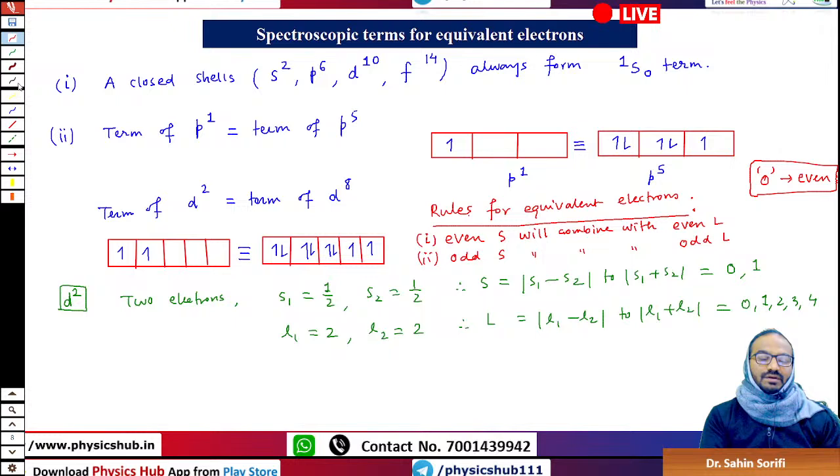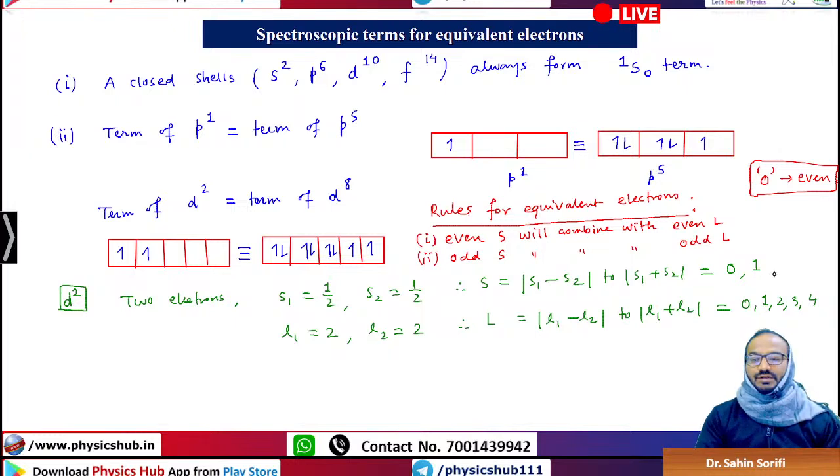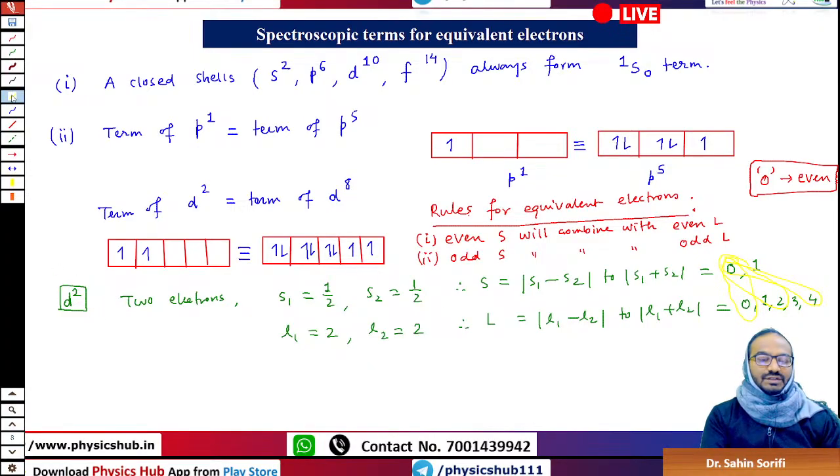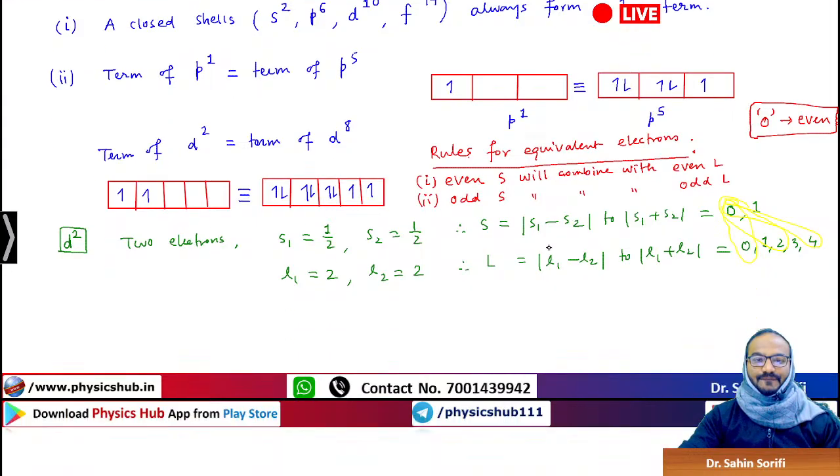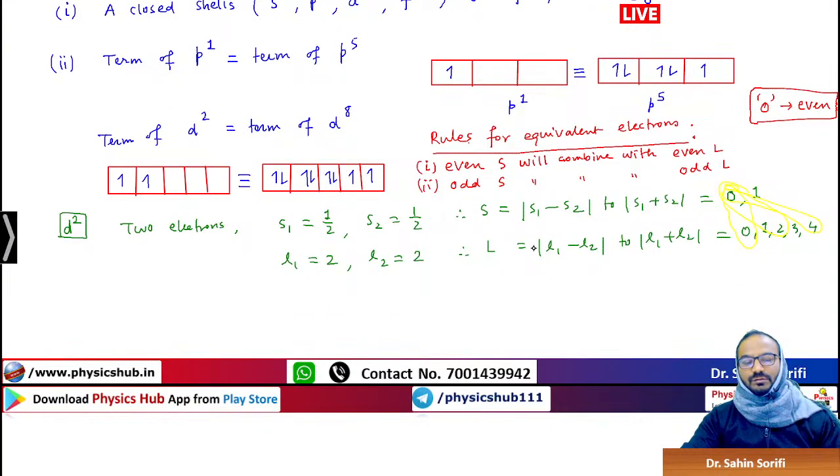So if I consider these combinations, 0 will combine with 0, 0 will combine with 2, 0 will combine with 4. This will be used to calculate the value of J, because ultimately we require 2S plus 1 L J. So S is equal to 0 will combine with L equal to 0, L equal to 2, L equal to 4.